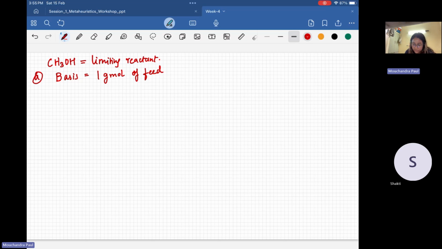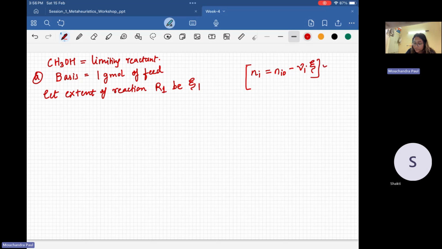Let the extent of reaction R1 be xi1. Now if we apply the equation that we saw previously, this was the equation that we saw.